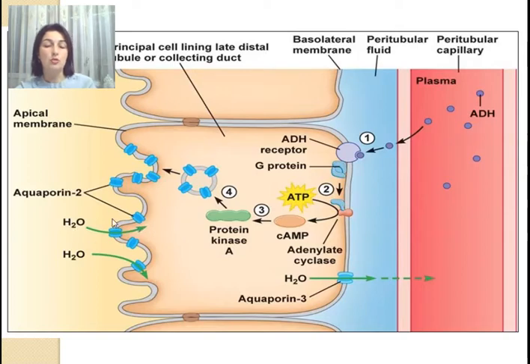So the water through these water channels will enter the cell, and in the basal part we have aquaporin 3, through which water will enter first of all into the connective tissue, into the interstitial tissue, and then into the lumen of the blood vessels. So the absorption of the water will take place.